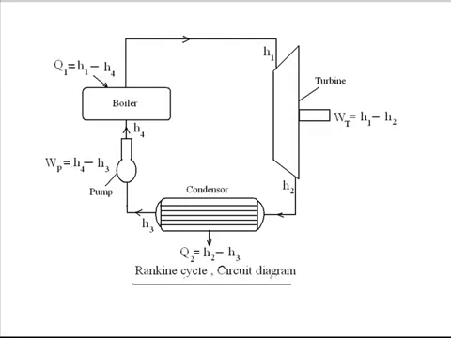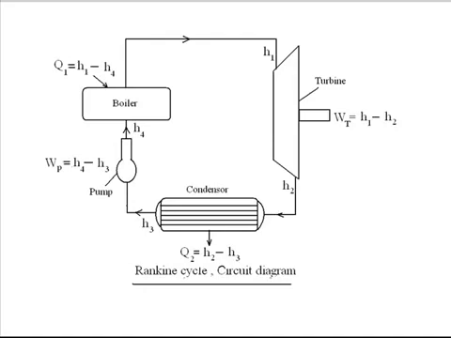At any component of the Rankine cycle, we can get the energy interchange only by getting the difference between the two ends of enthalpy. For example, in this case, what is the work done by the turbine? It is simple.